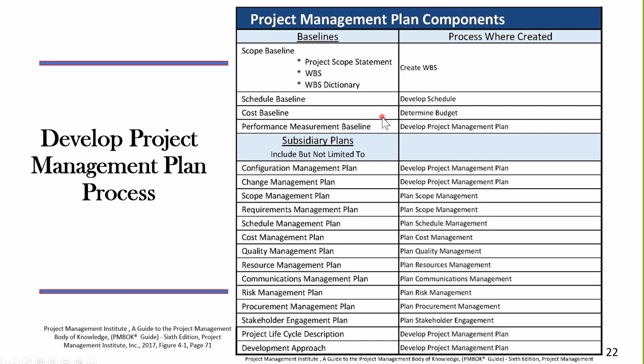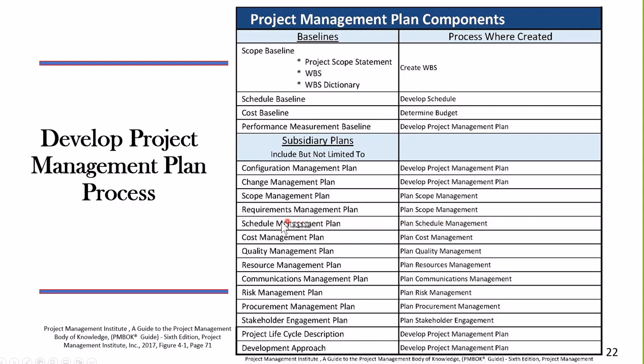Here is the list of subsidiary plans. And those plans, if you look at this, these are all processes in that 10 by 5 by 49 that I showed you. These are under the planning process group, and each one of these processes gives us an output that is a part of the project management plan. For example, plan schedule management is the name of the process.